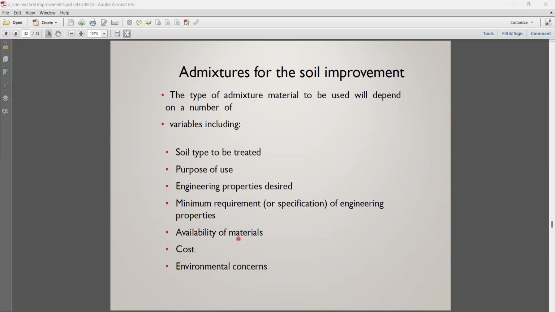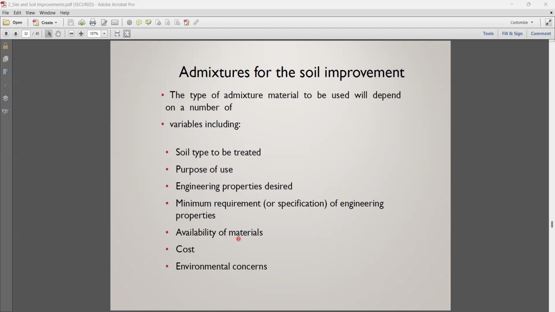Even when you are selecting the admixture, meaning the type of chemical, one of the common admixtures is cement, lime, etc. The variables you have to look at are the type of soil and the purpose of use, like whether it's road construction, a residential house, or a public building like a school. Then engineering properties and design: for foundation design, what's the requirement of shear strength or bearing capacity.